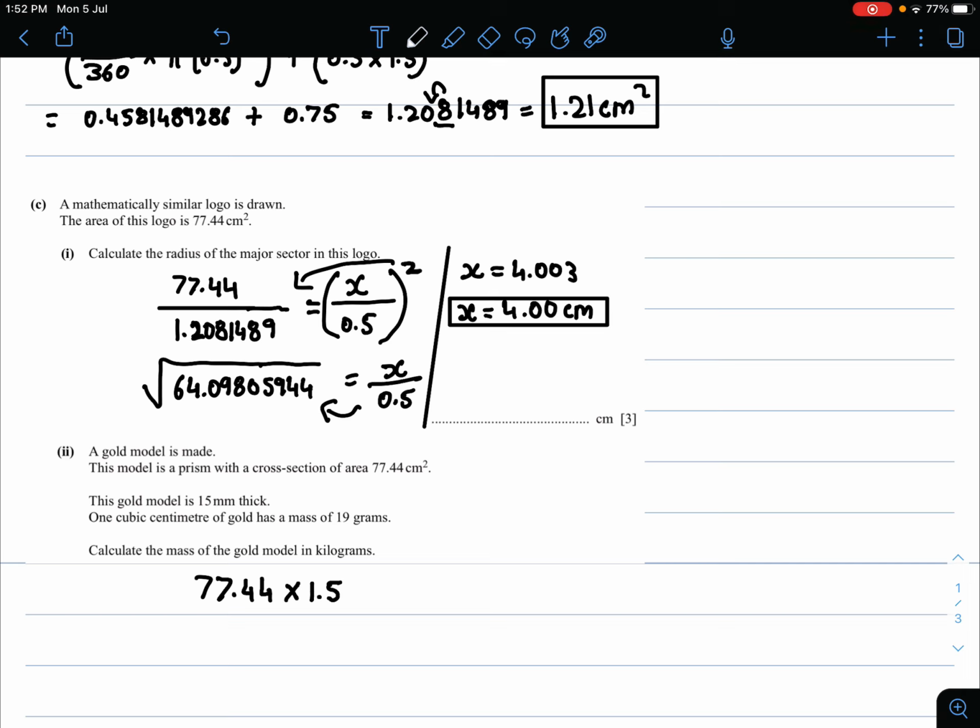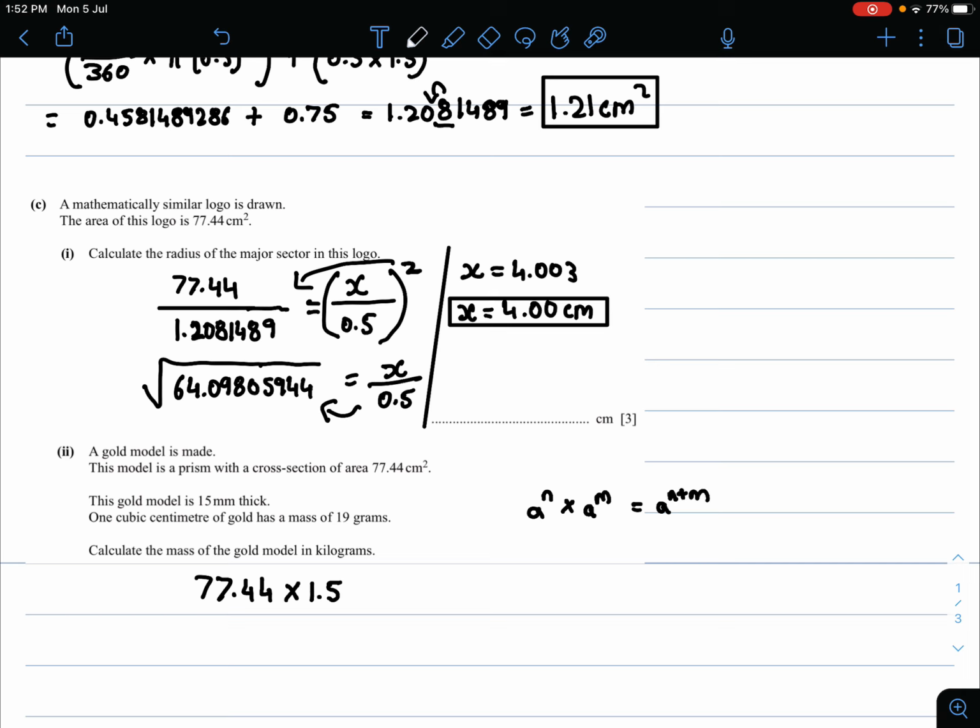Now 1 cubic centimeter of gold has a mass of 19 grams. So now centimeter squared multiplied by centimeter would give us cubic centimeters, because centimeter raised to 3, if you multiply two indices you end up adding them using this rule: a raised to n multiplied by a raised to m is equal to a raised to n plus m.